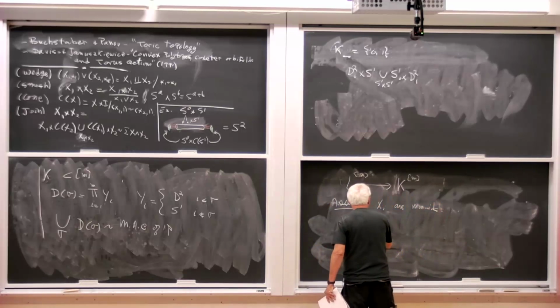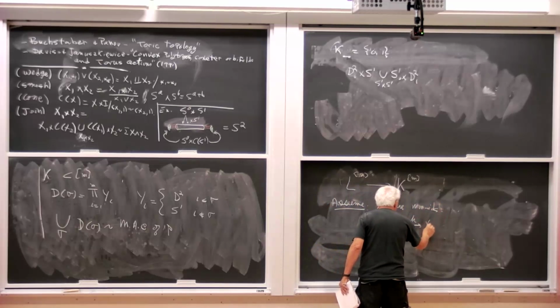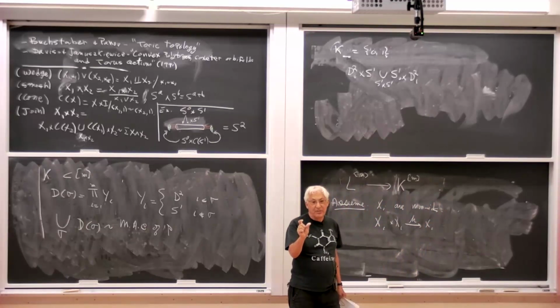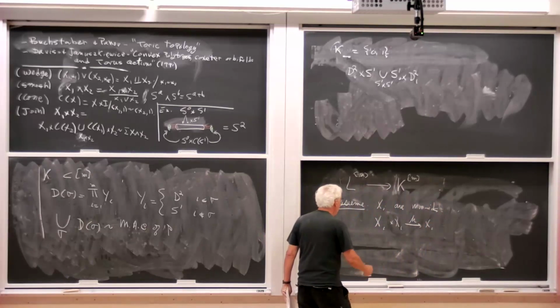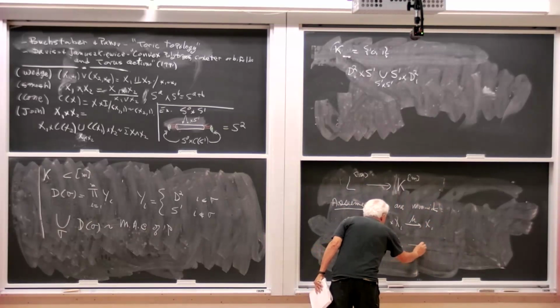In other words, all I'm saying is that there's a map, a product, so I can take two copies of xi and map it over to one, which restricts to a map on the pair.